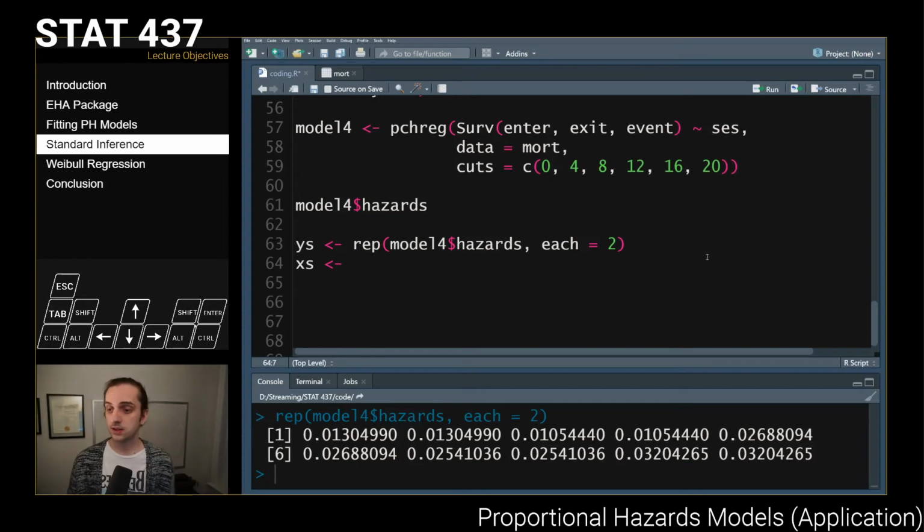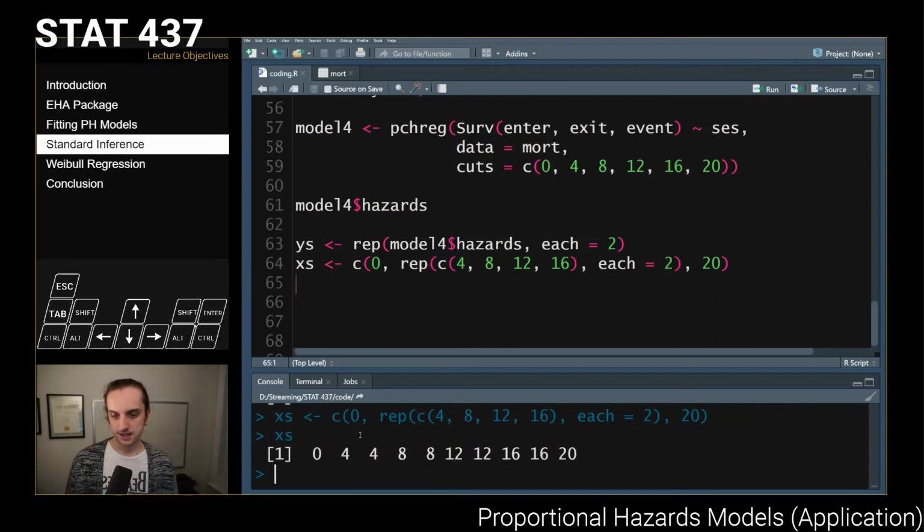And then for my x values, what we want to do is essentially the same thing, except on this list, and not exactly correctly. But if I do this here, I want to replicate each of these individual values in the middle. I'll show you why in just one second once we get these all written out. But if I do this, now you can see my x's start with a 0, and then we have a 4, and then a 4, 8, and then an 8, 12, and so on.